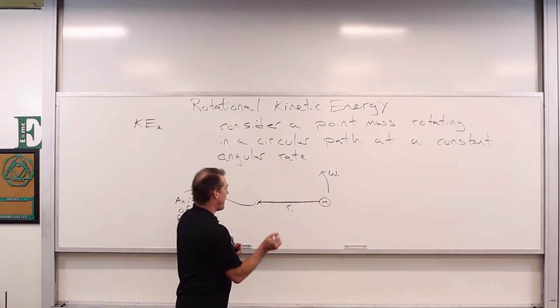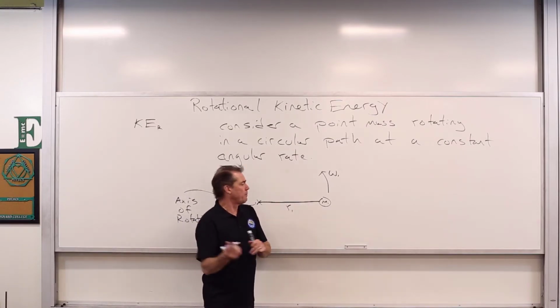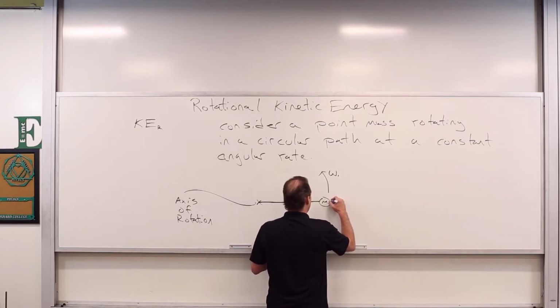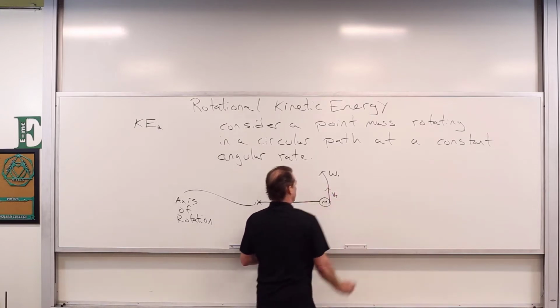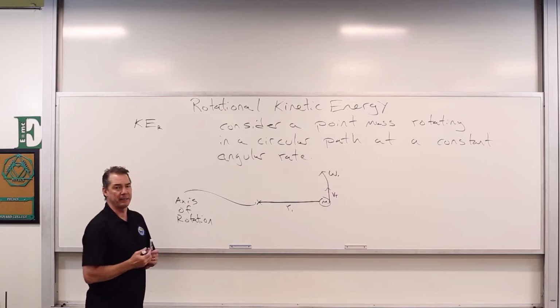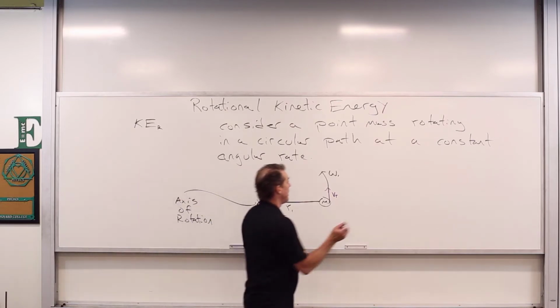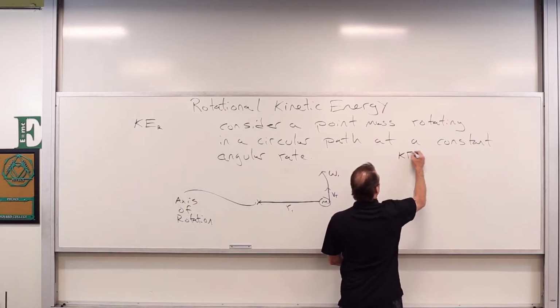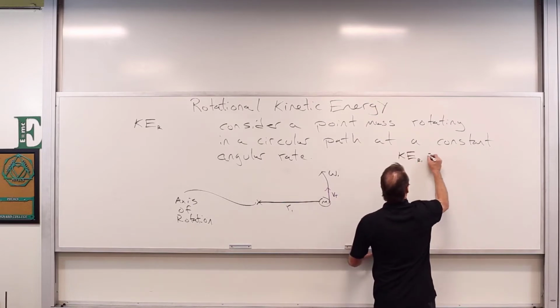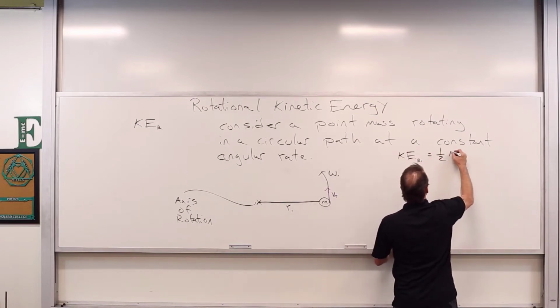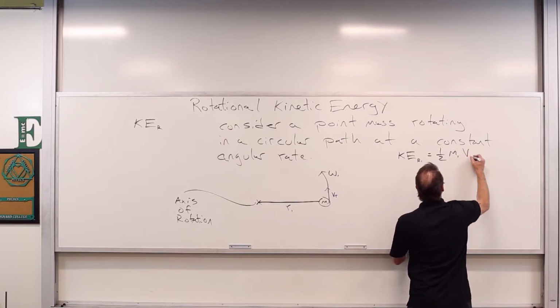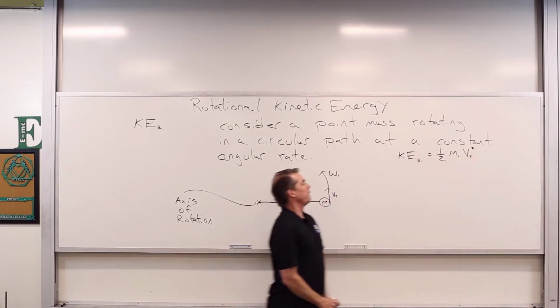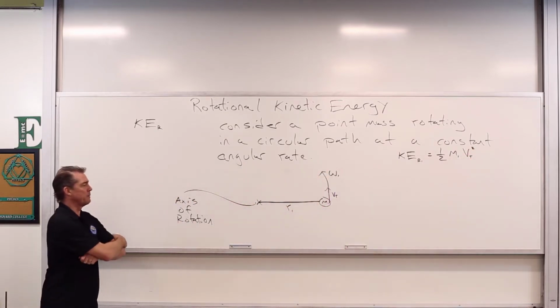Well, it comes down to this, right? It comes down to, well, how fast is it actually moving through space? This mass likewise has a tangential speed. Really, its kinetic energy is going to be 1/2 times the mass times speed squared, which is its tangential speed.